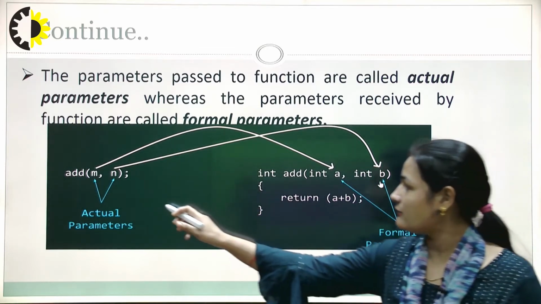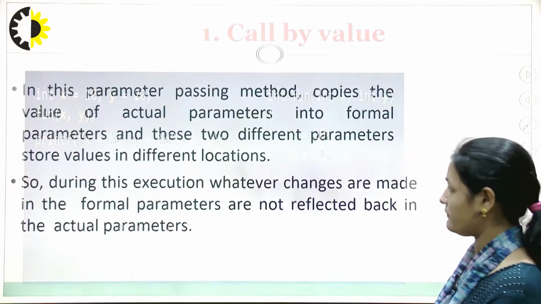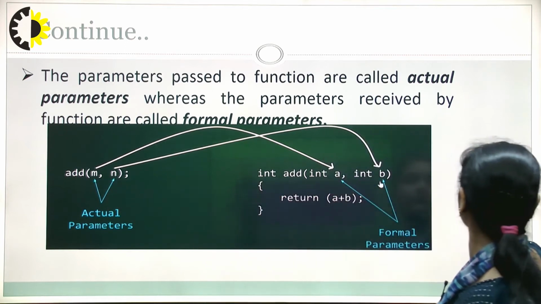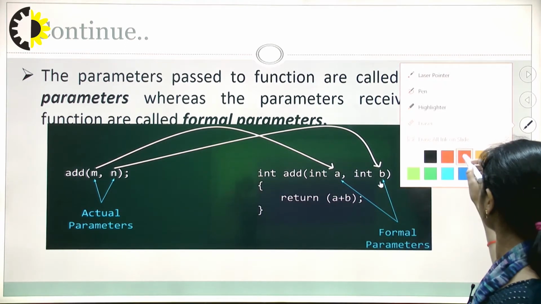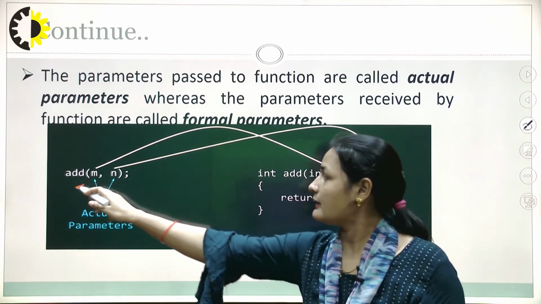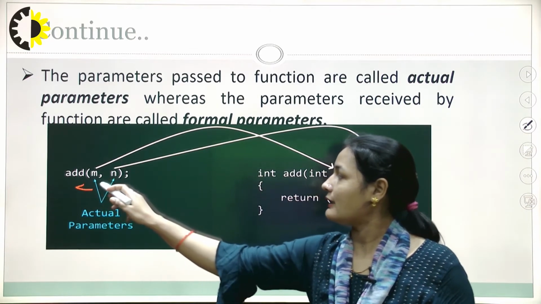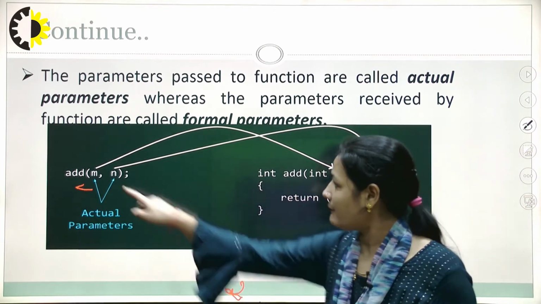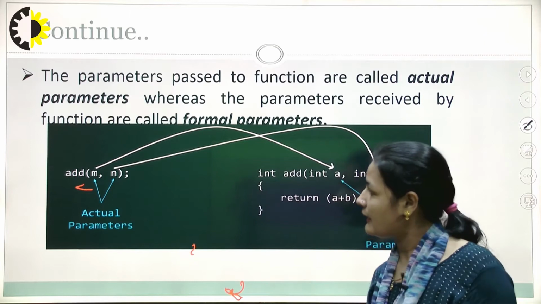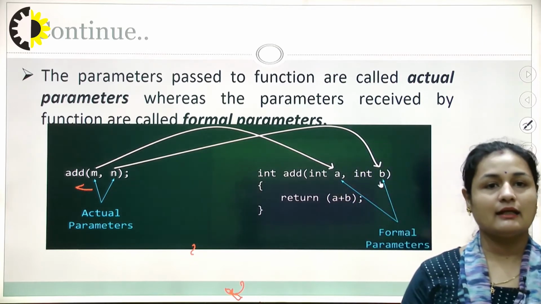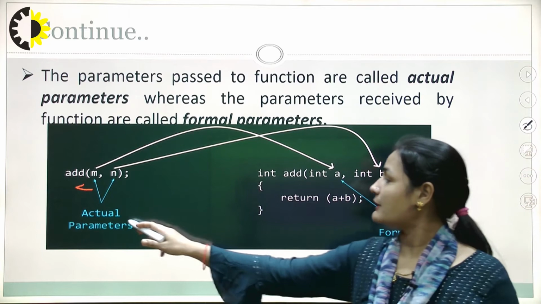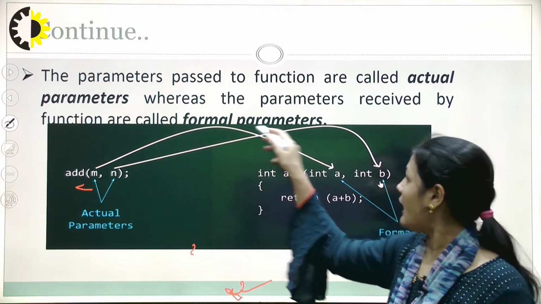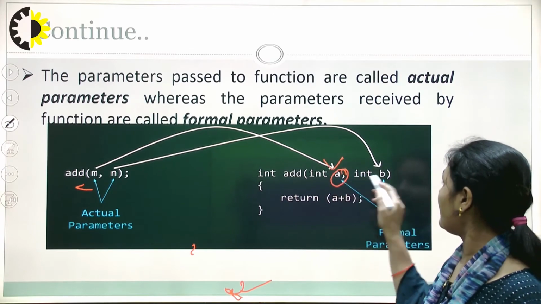Here in this figure we see that add is the name of the function and m comma n are the parameters of that function. So here m and n are the parameters that are passed, and these are known as the actual parameters. The values of m and n are copied to the parameters a and b.